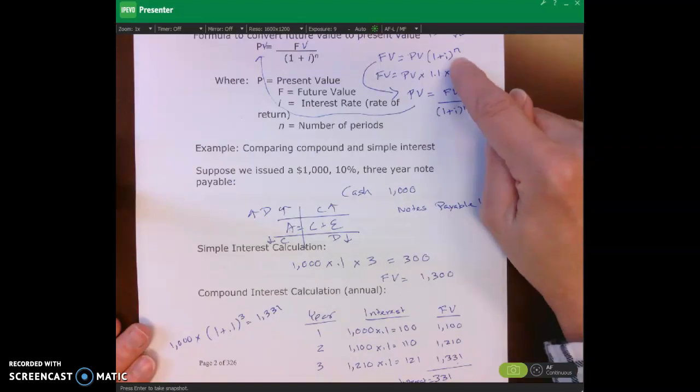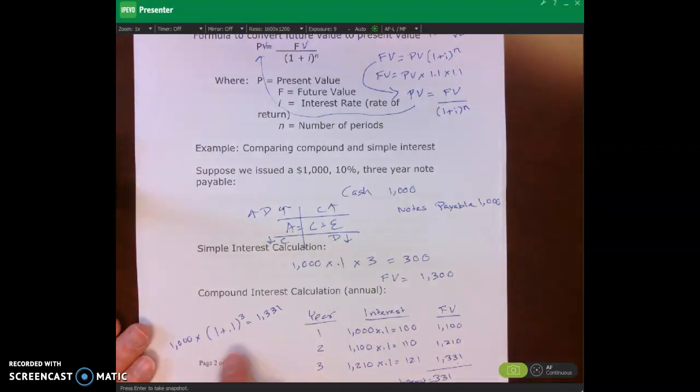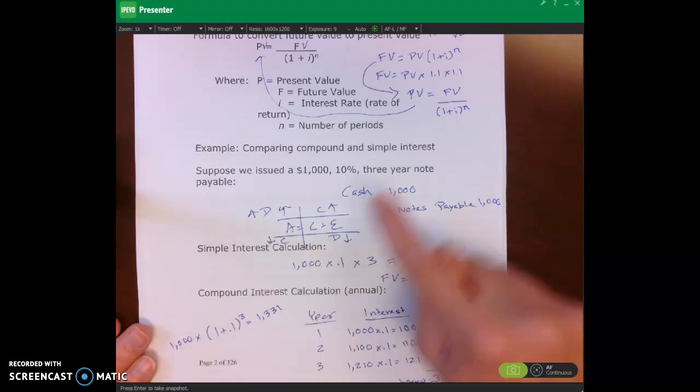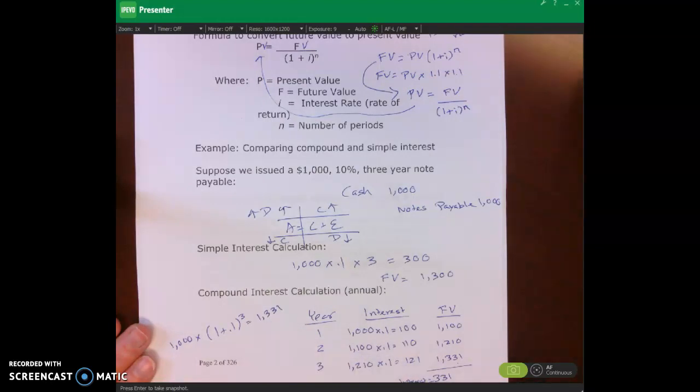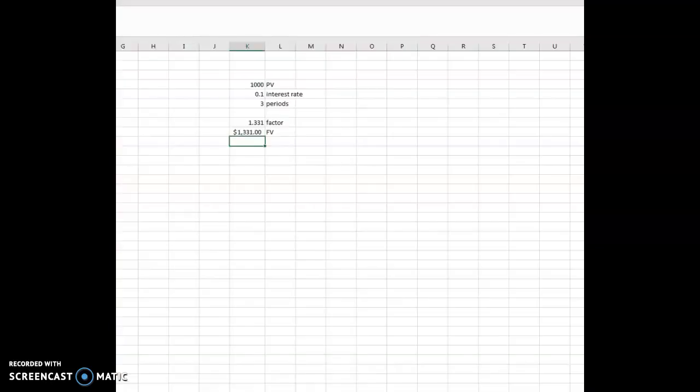Following our formula up here, FV equals PV times 1 plus i to the n, so 1 plus 0.1 to the third power. n is the number of periods, 0.1 is the interest rate, and 1,000 is my present value. I can show you that in Microsoft Excel. I have my present value, my interest rate, and my number of periods. Then I use a formula of 1 plus the interest rate to the third power.